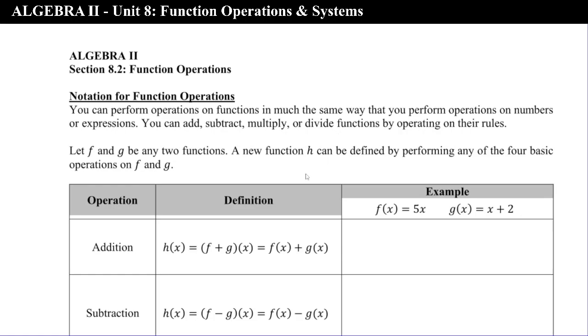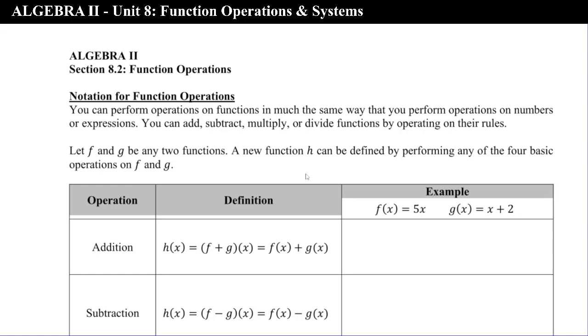So the notation I'm talking about is f of x. f of x is another way of writing the variable y. You have f of x equals, and then you go into what your function is. Here we are going to talk about how you do operations on f of x, the thing itself, okay?